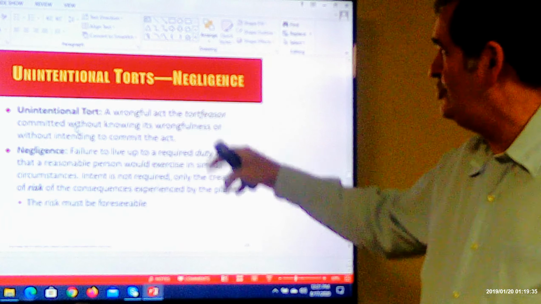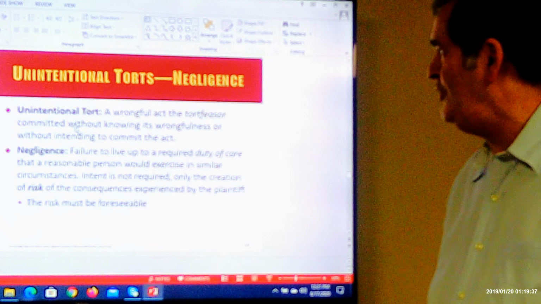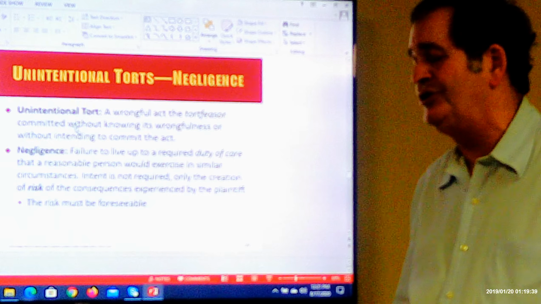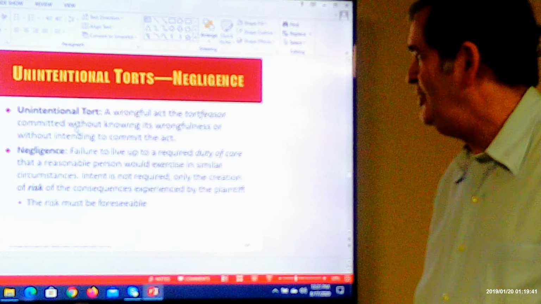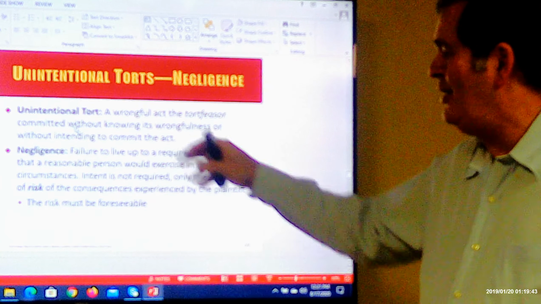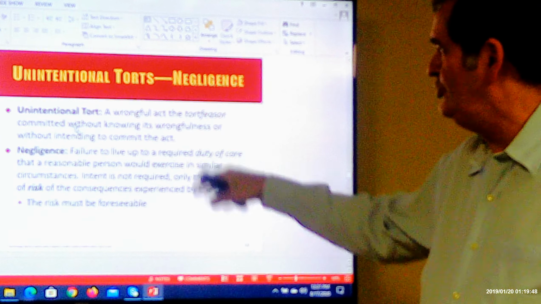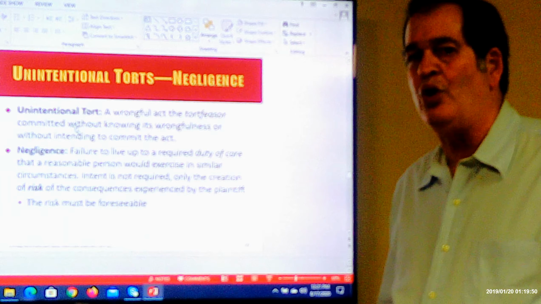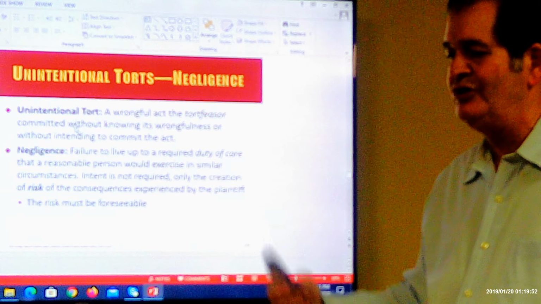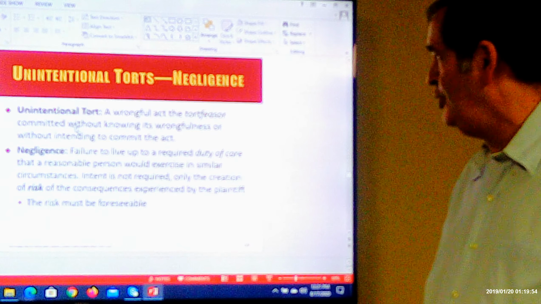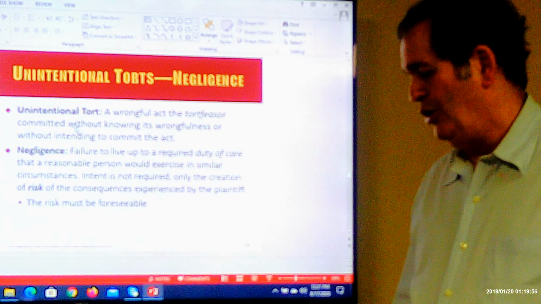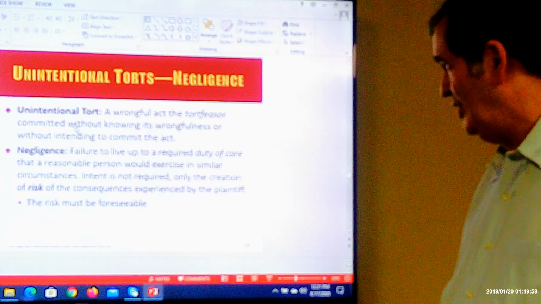So an unintentional tort is a wrongful act that the tortfeasor committed without knowing its wrongfulness or without intending to commit the act. Negligence is the type of unintentional tort. Negligence is a failure to live up to a required duty that one person has to the world or to another person to exercise reasonable care under the circumstances.